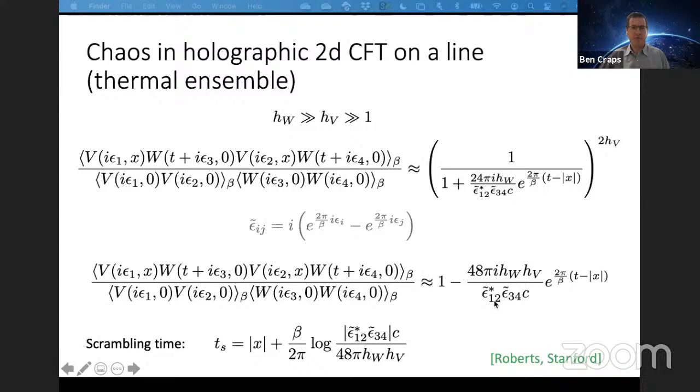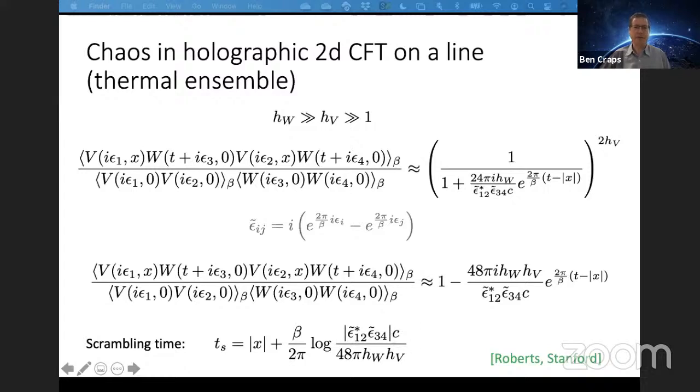So the scrambling time, okay, the formula I have is for this case. Sorry, Emil, but okay, we can come back to the other case later. In this case it is the time for which the second term becomes of the same order as the 1, and you see that it depends on the spatial separation between the operators V and W, and it also depends logarithmically on the central charge of the CFT.